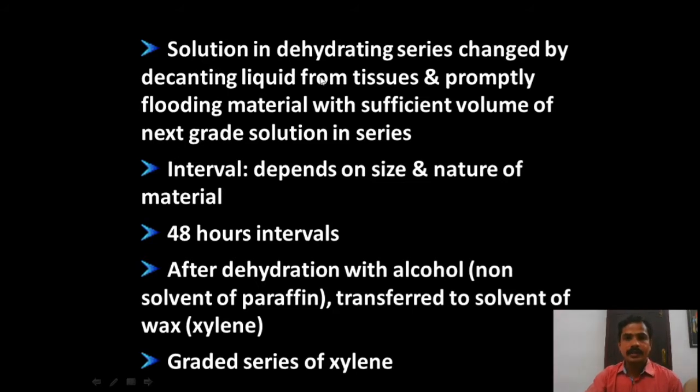The solution in the dehydrating series is changed by decanting the liquid from the tissues and promptly flooding the material with a sufficient volume of the next grade solution in the series. Usually this procedure is done inside tubes, just like test tubes.